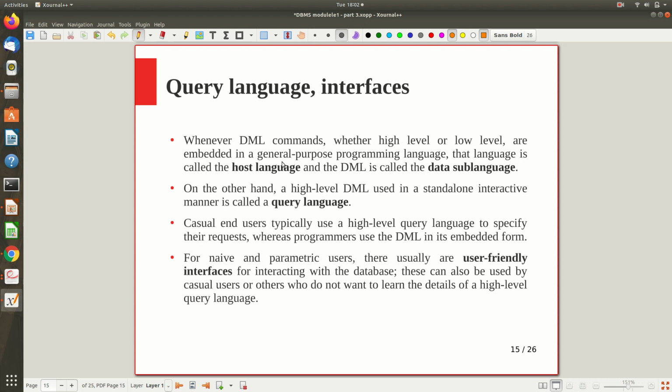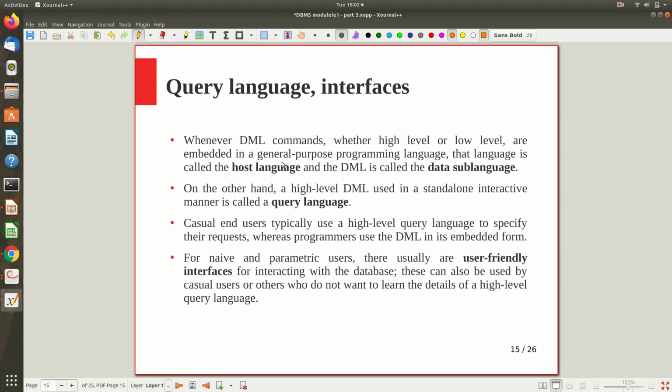For example, if you are embedding SQL commands in Java, you can call Java the host because it is hosting. And the DML part, the one actually dealing with the database, is what we call the data sublanguage. That is just terminology. The general purpose programming language in which you embed the DML commands is the host language, and the DML commands are the data sublanguage.